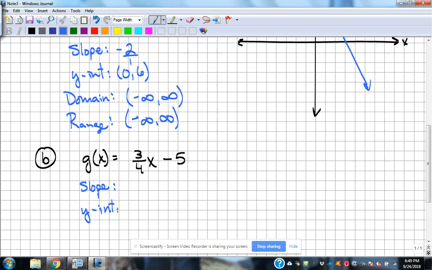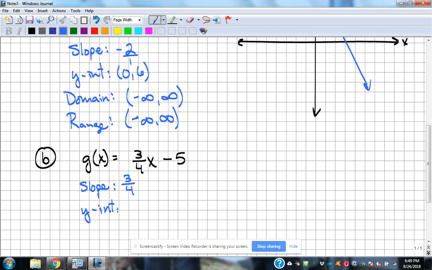What's the slope? 3/4. Rise over run, it's a positive 3/4. So we're going to go up 3, right 4, because it's a positive slope.